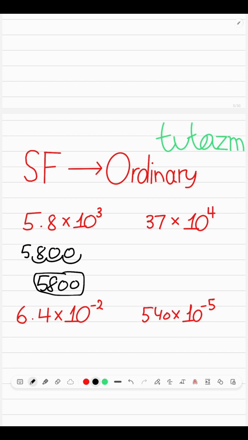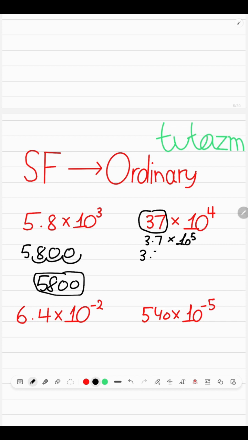In this case, we've got 37 times 10 to the power of 4. As we said earlier, you cannot have a number that is greater than or equal to 10 in place here. So instead of 37, we'll turn that into 3.7, but in doing so, we'll increase the power from 4 to 5, because we've divided this by 10, but we've increased this by 10, so it balances out. So 3.7 times 10 to the 5, we can then do what we did earlier.